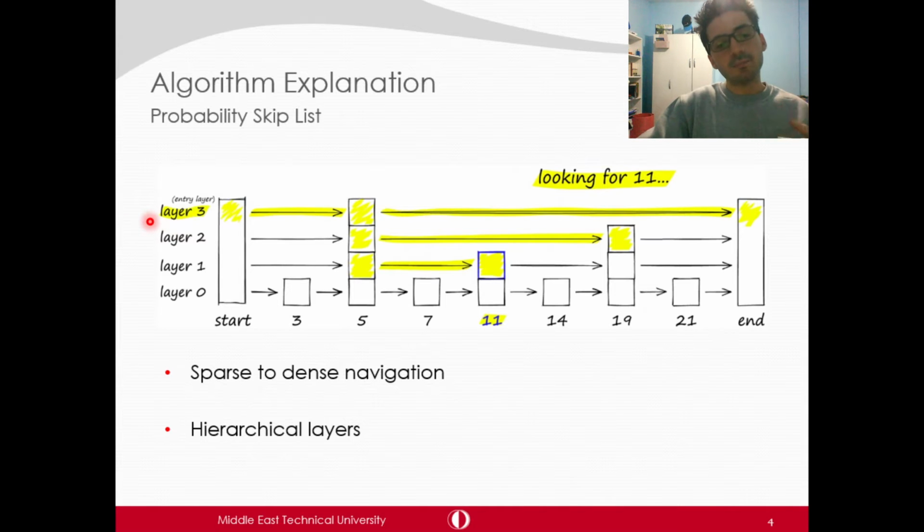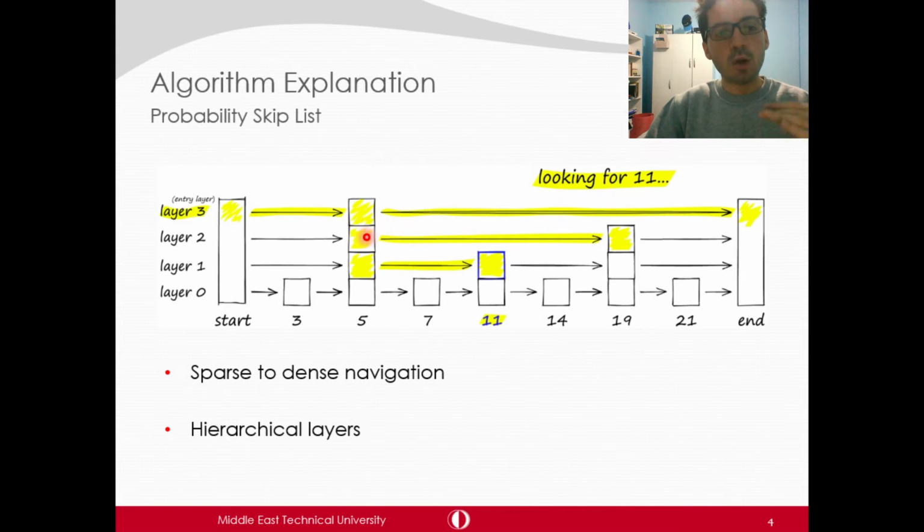In layer 3, the dataset is expressed in a sparse sense, so you are making search faster, you are moving faster, but missing some data points between your steps. So when you exceed the value of your query, you know that you have to go one layer down to a denser layer to make a denser, more accurate search.